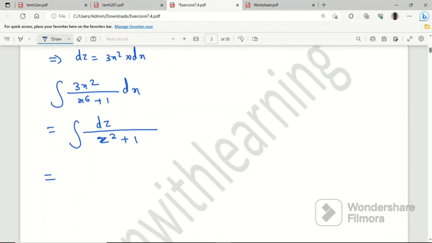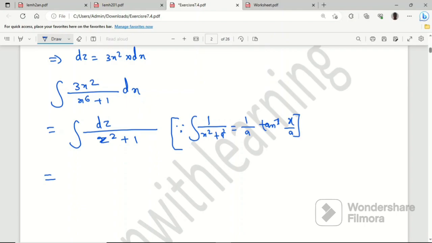So now we'll be using the formula of x square plus a square. Right now I'm using this formula, since integration of dx upon x square plus a square is equal to 1 by a tan inverse x by a.